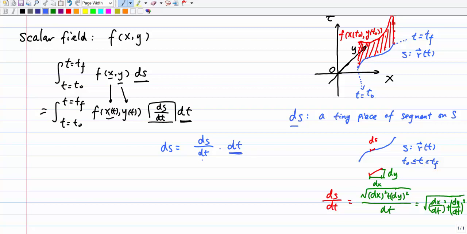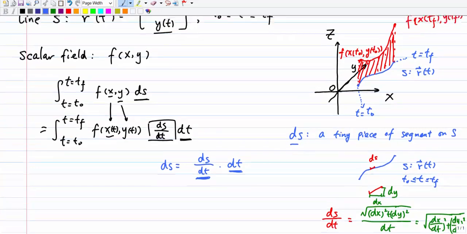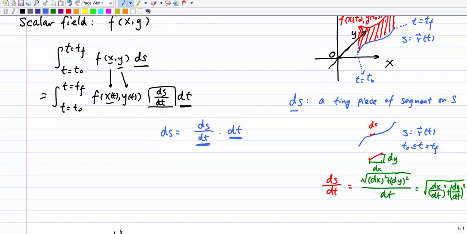Now, what is ds/dt? It is the small change of s over a very tiny bit of dt. Because ds is a curve, if I project it along the x-axis and the y-axis, the length is just the square root of dx squared plus dy squared, which is ds.